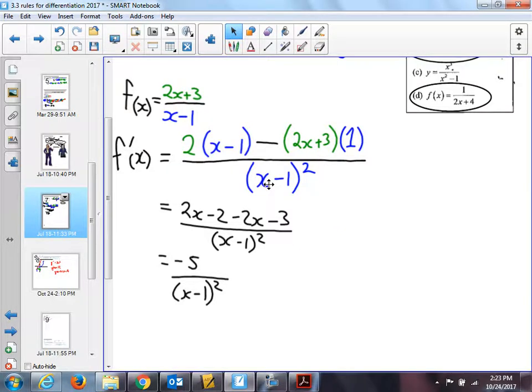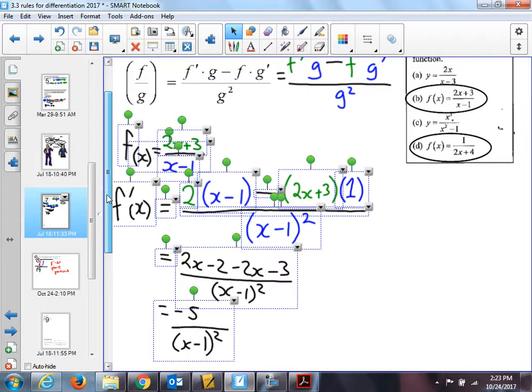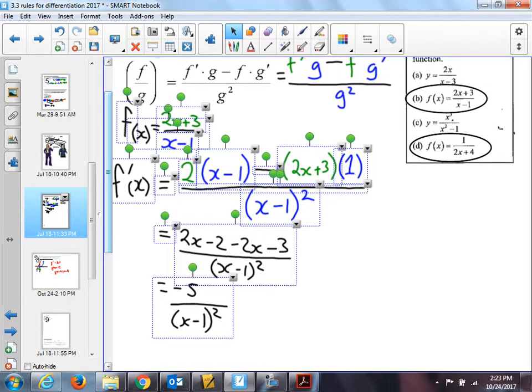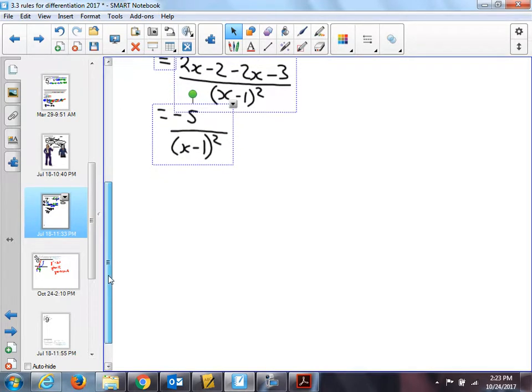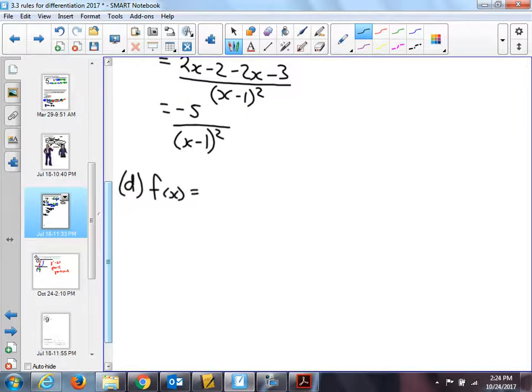I'll do one after another, actually, just so you know. I'll make the space like this. Okay. So, D. f of x equals 1 over, what was the denominator? 2x plus 4. Thank you.